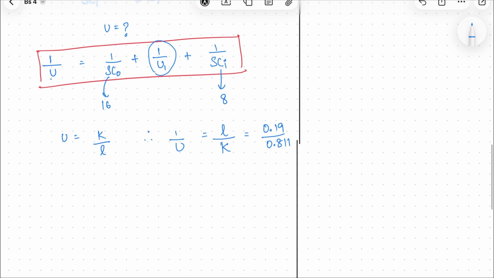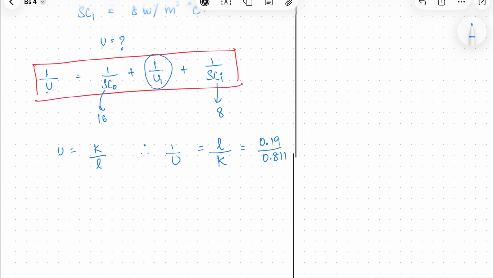Okay, so now let's substitute all the given parameters into the equation. We won't find the U, we'll find 1 by U. So 1 by U is equal to 1 by 16 plus 0.19 by 0.811 plus 1 by 8.